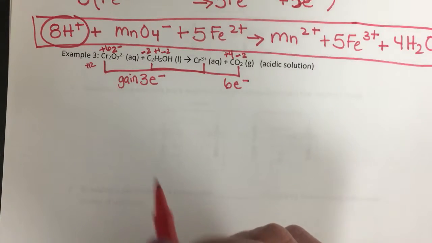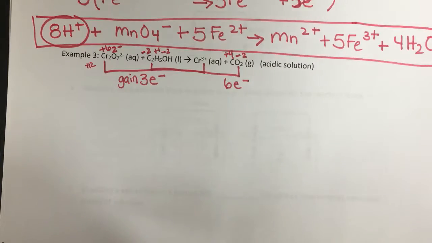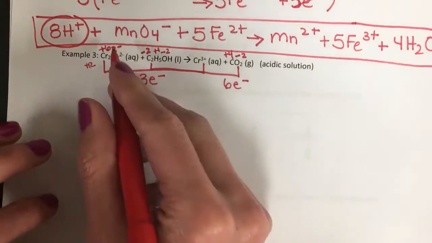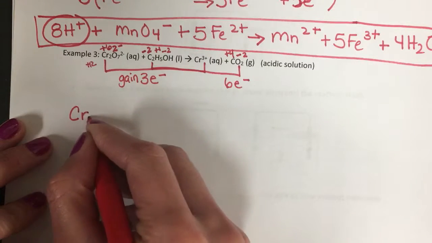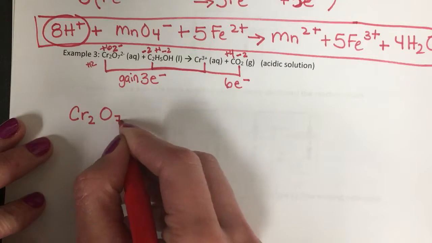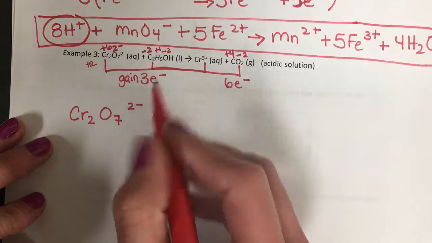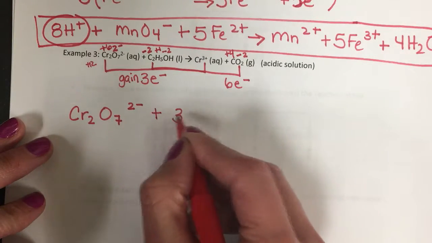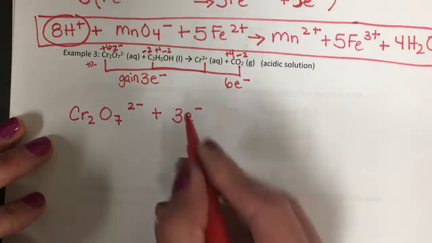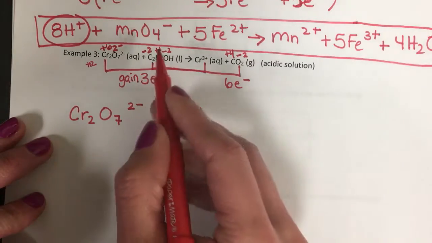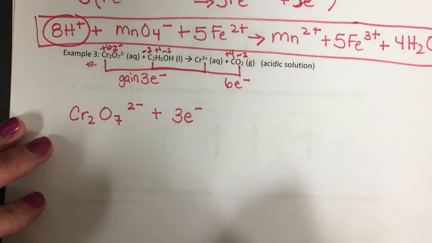Okay? So now I need to build my 2 equations. As I'm building my equations, Cr2O7 2- is going to gain 3 electrons. So those 3 electrons are going to be reactants.